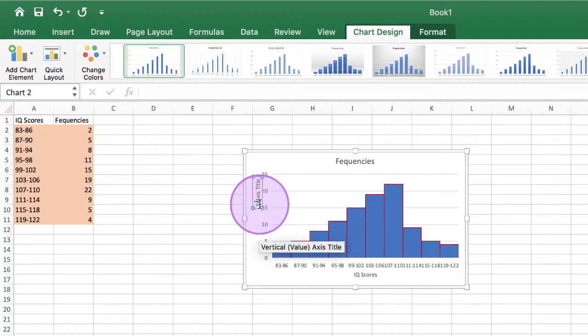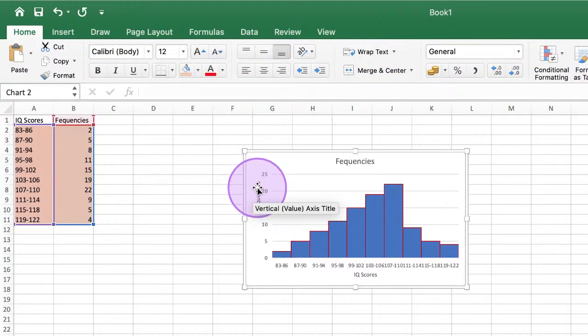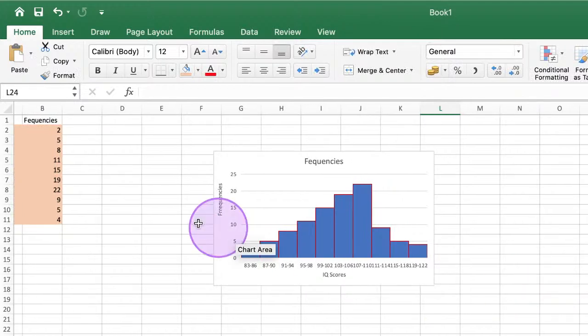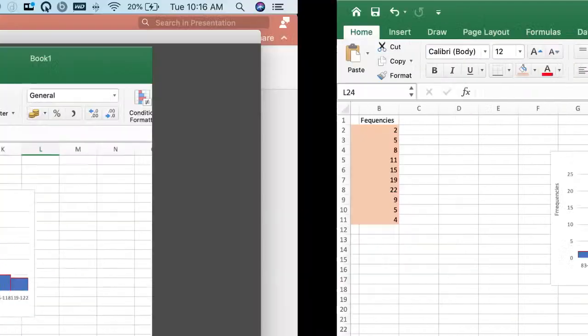These are frequencies. Okay, the frequencies. So this is our histogram. We were able to draw our histogram.